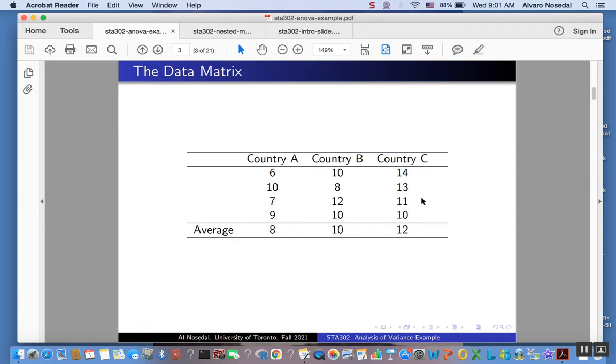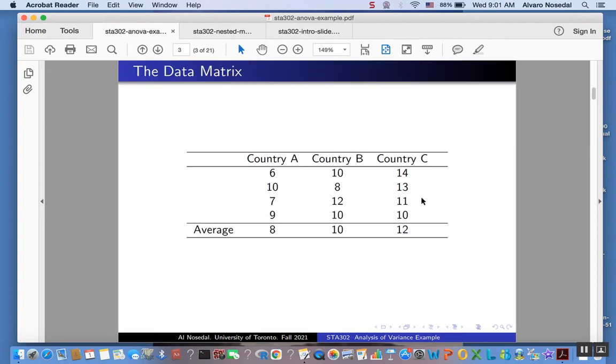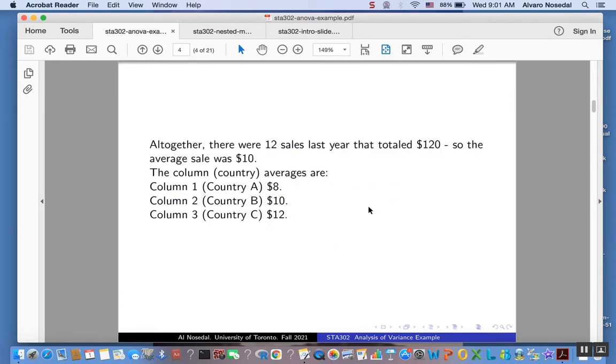So now, on the next slide, what I did is I added up all 12 sales, and then I divided by 12, and that gave me the average for all of them.